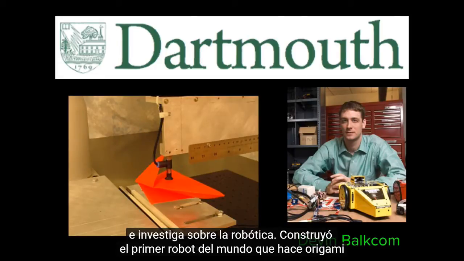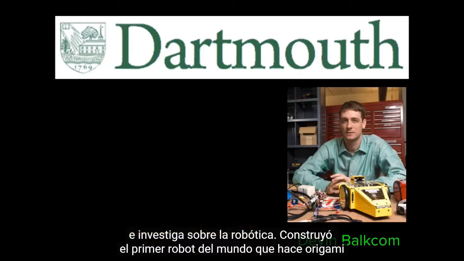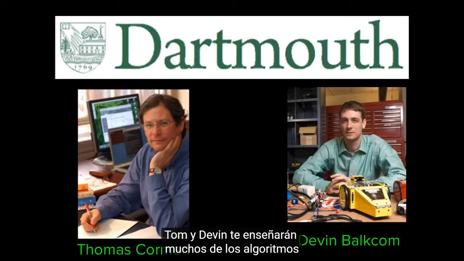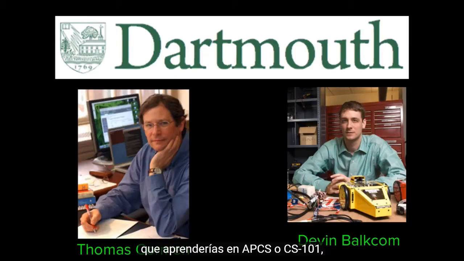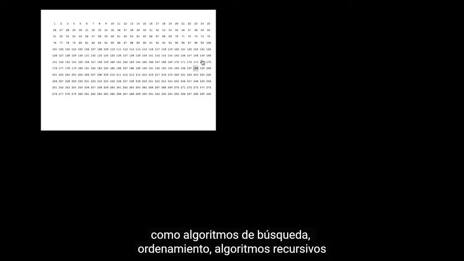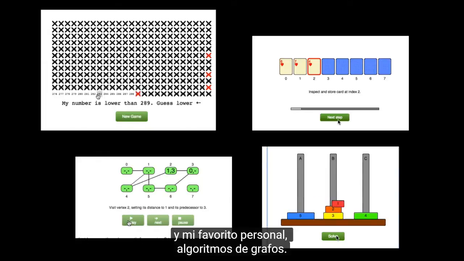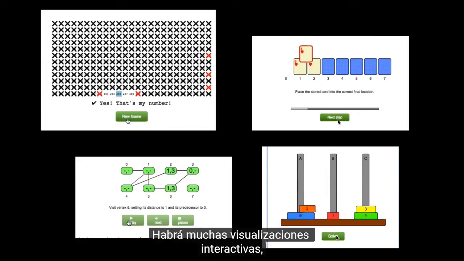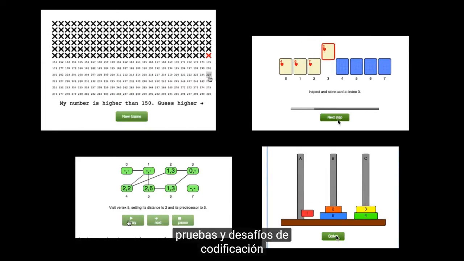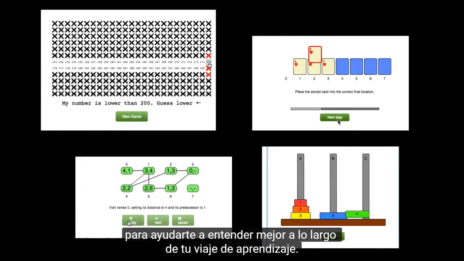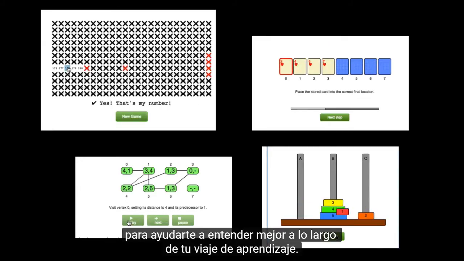He built the world's first origami folding robot. Tom and Devin will teach you many of the algorithms that you'd learn in APCS or CS 101, like searching algorithms, sorting algorithms, recursive algorithms, and my personal favorite, graph algorithms. There will be tons of interactive visualizations, quizzes, and coding challenges to help you understand better along your learning journey.